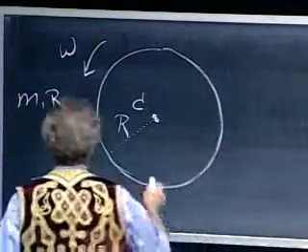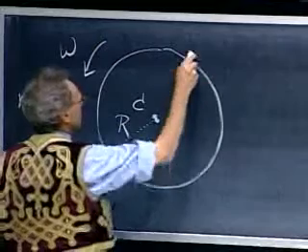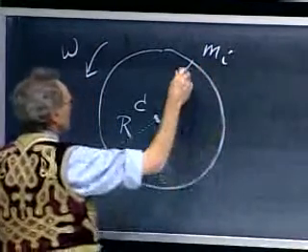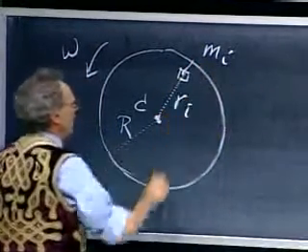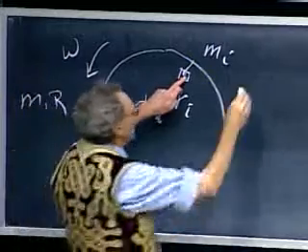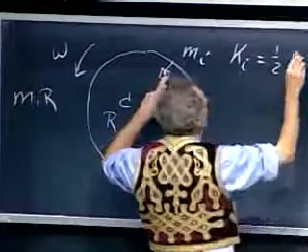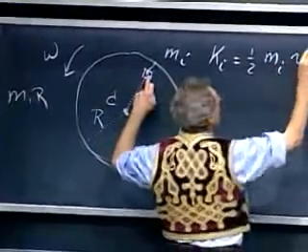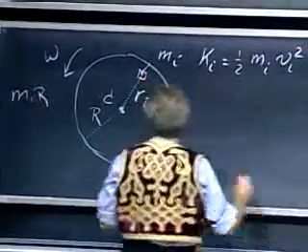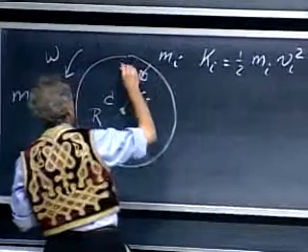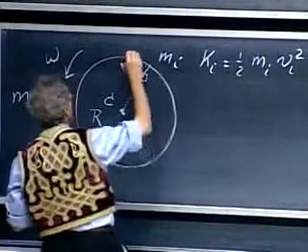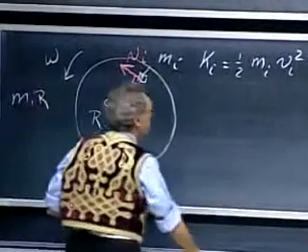I take a little mass element here, m of i, and this radius equals r of i, and the kinetic energy of that element i alone equals 1/2 m of i times v of i squared, and v of i is this velocity, this angle is 90 degrees, this is v of i.